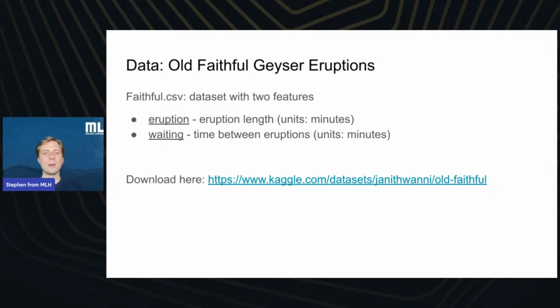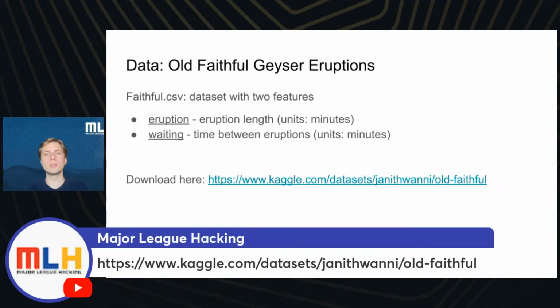But all right, if you want to download this data on your own, you need to go to kaggle.com/datasets/janithwani/oldfaithful, and I'll paste that link in the chat as well, so you can download this data set. It's also available on my GitHub and maybe I'll also place it in that very same repository.